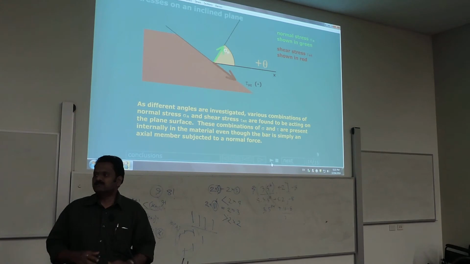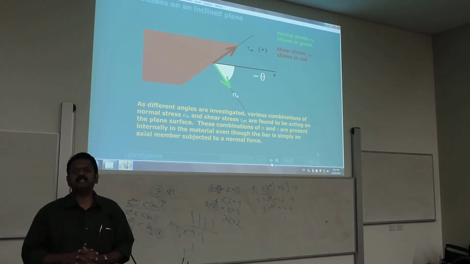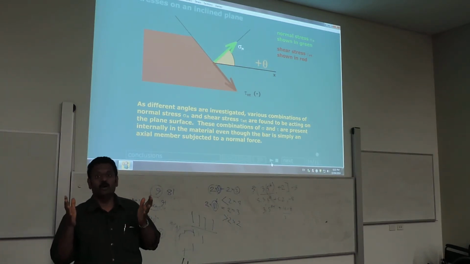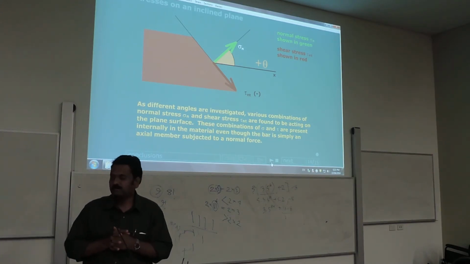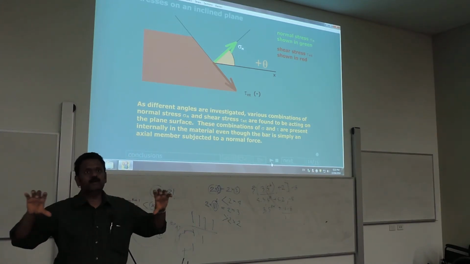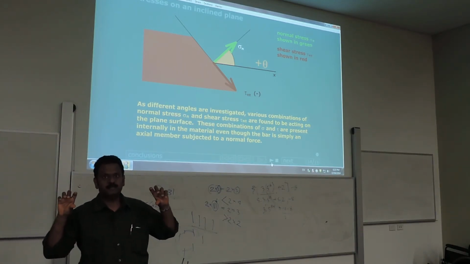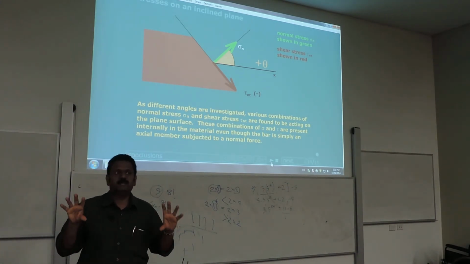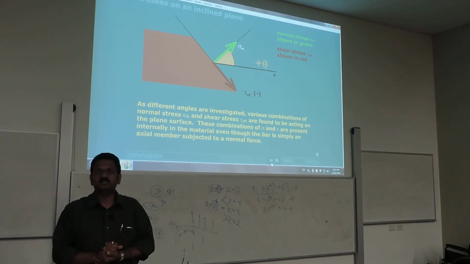In this fashion, it is possible to see how the magnitude of the stresses actually change depending upon the orientation of the plane. What I'm trying to get at is, though you may have performed a simple, purely axially tensile specimen, the kinds of stresses that can prevail in that member are still possible to be in different directions.